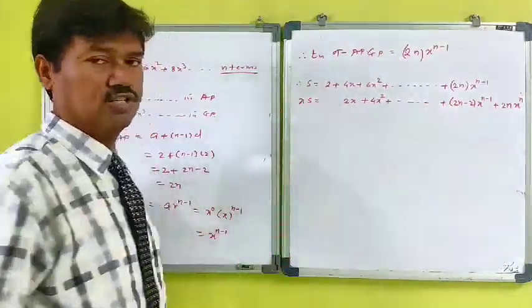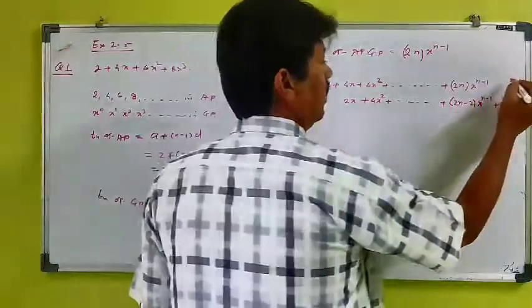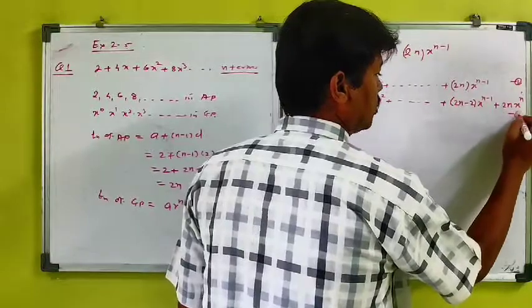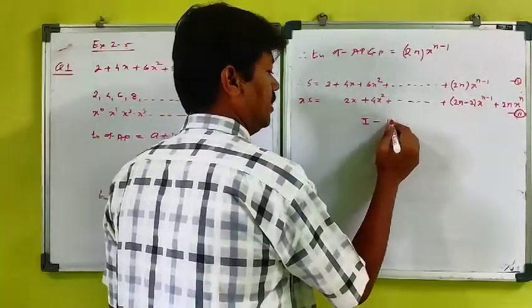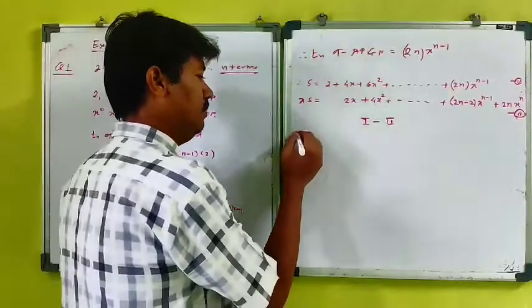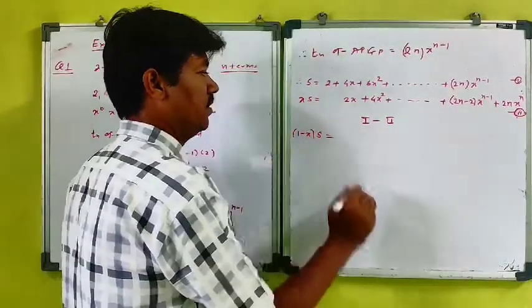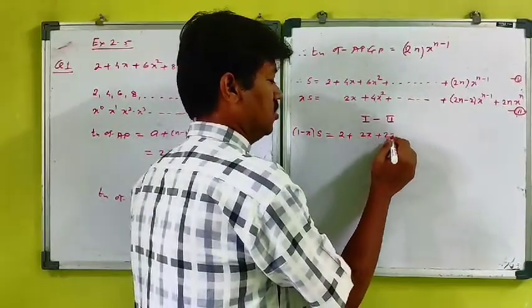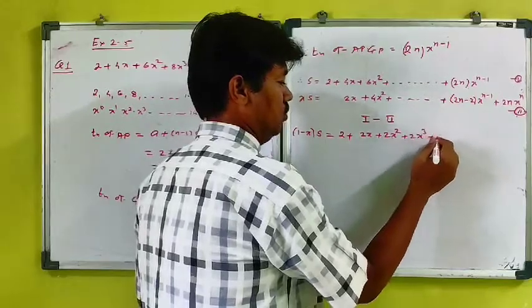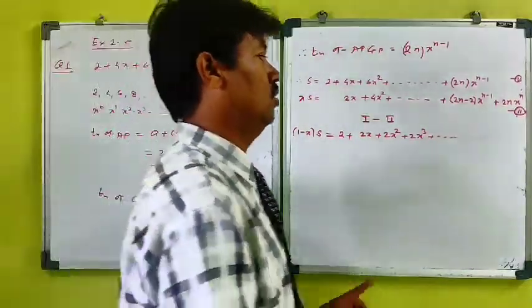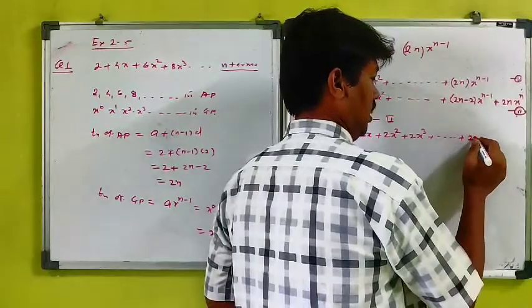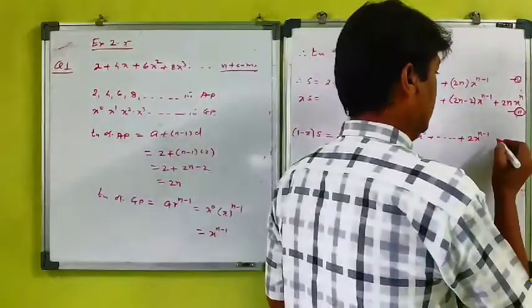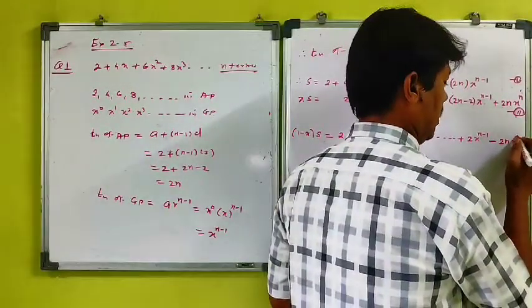Then subtract these two, this is number 1 and this is number 2. As per the rule, it is 1 minus x into s, which equals 2 plus 2x, 2x squared, 2x cubed, and so on up to 2x raised to n minus 1, and the last is minus 2n x raised to n.